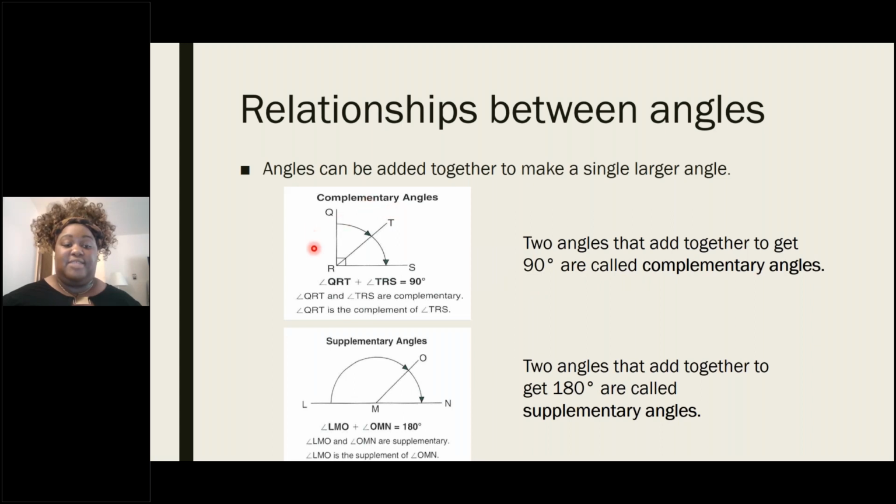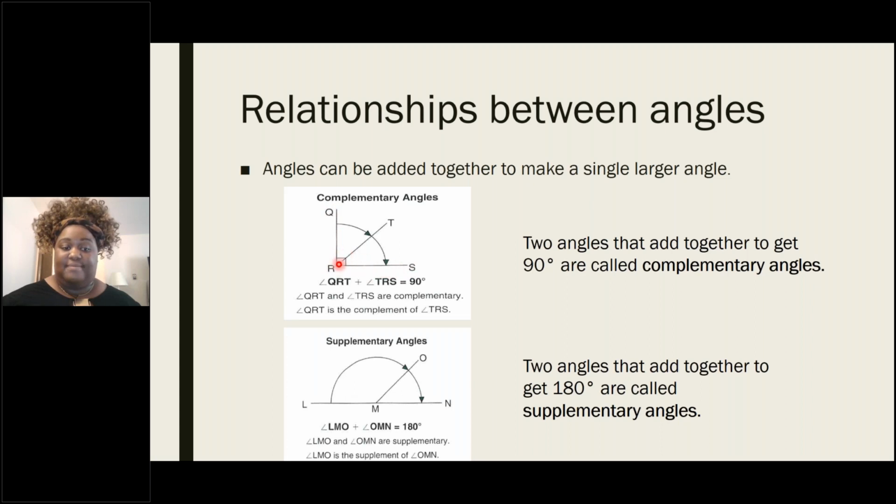So looking at this image here, I have angle QRT and angle TRS. And just remembering back on how we label them, R is the vertex, so that's why it's the middle letter. What this is saying is that if I take angle QRT and add it to angle TRS, it forms a larger angle, which in this case is a 90-degree angle.